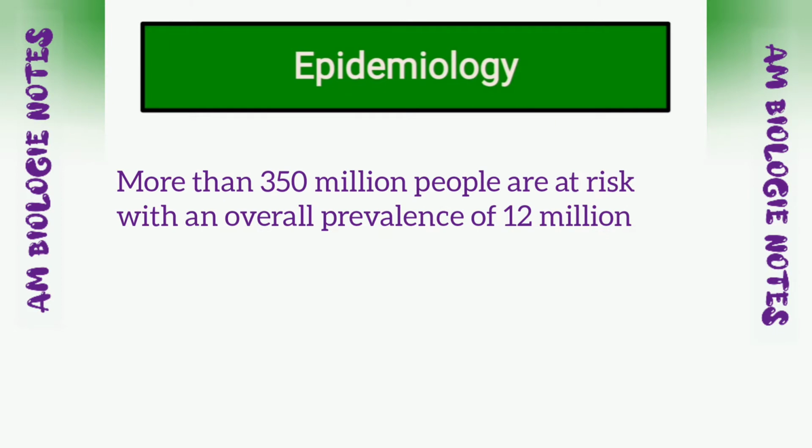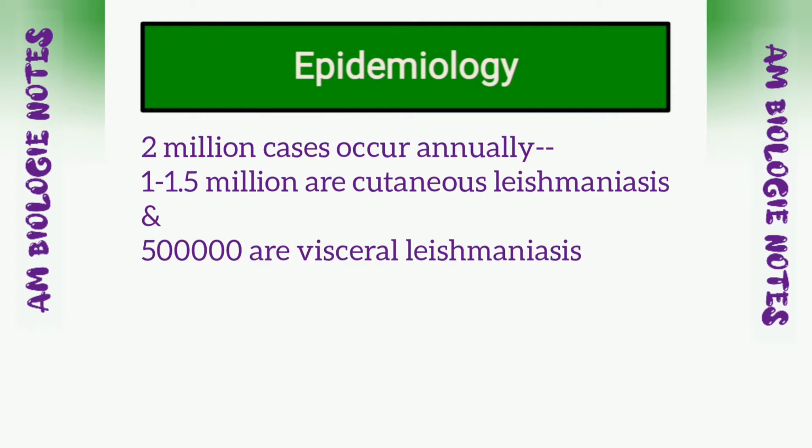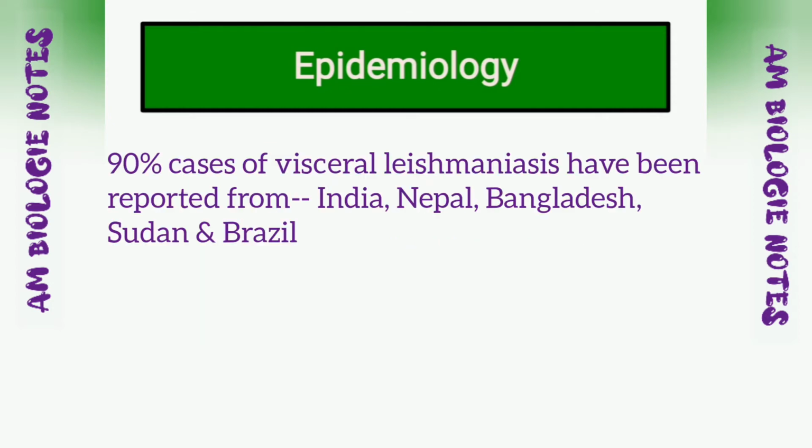More than 350 million people are at risk with an overall prevalence of 12 million. 2 million cases occur annually, of which 1 to 1.5 million are cutaneous leishmaniasis and 5 lakh are visceral leishmaniasis. 90% of cases of visceral leishmaniasis have been reported from India, Nepal, Bangladesh, Sudan and Brazil.